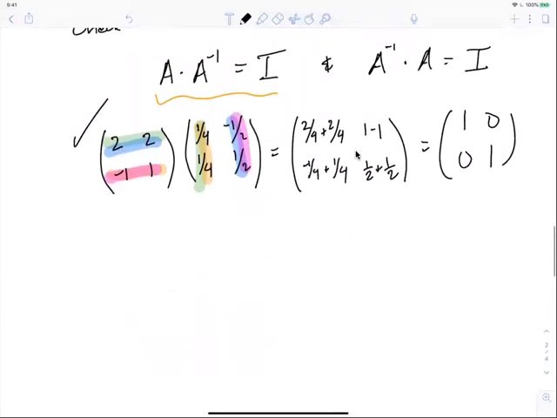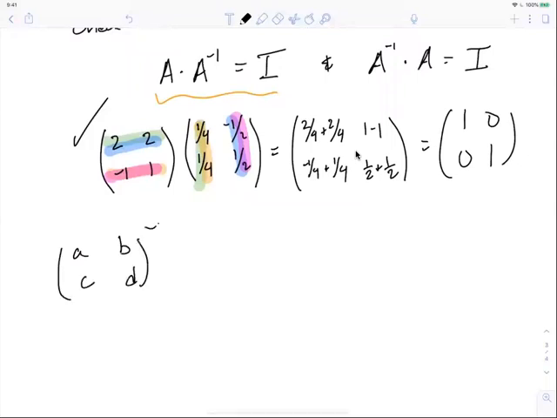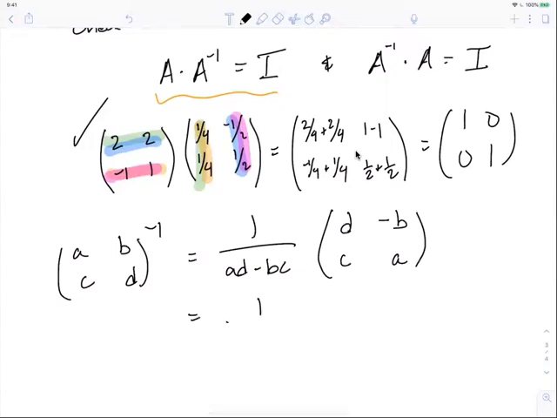The other way of checking it is we know that the inverse of a 2x2 is equal to this factor, 1 over AD minus BC, times this funny kind of changed around matrix. So this is going to be 2 times 1 minus 2 times minus 1. So that's 1/4 altogether.